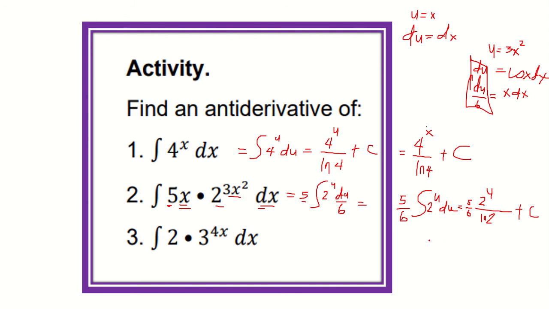So that is equivalent to 5 times 2 raised to the power of 3x squared, all over 6 ln of 2, plus c. Okay. So that's the final answer for number 2.